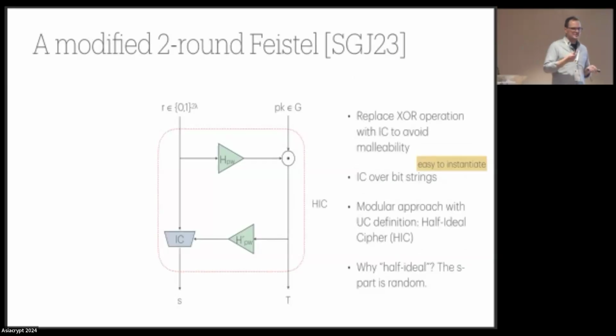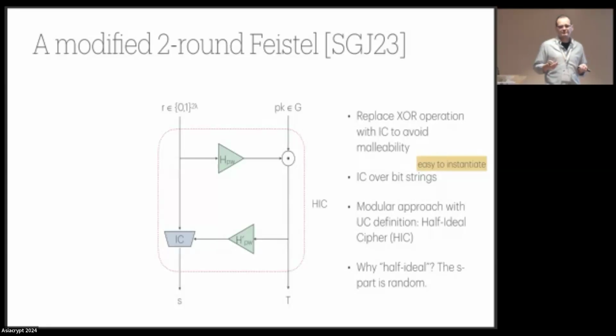Unfortunately, the solution with the two-Feistel network permits some sort of malleability, which seems insufficient for PAKE, or at least the abstraction that was proposed. The programmable-once public function seems insufficient to construct EKE and OEKE type PAKEs. And so Dos, Gu, and Yarvetsky proposed to replace this XOR operation with an ideal cipher.